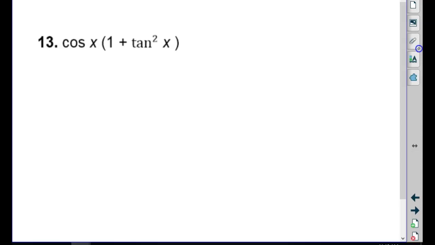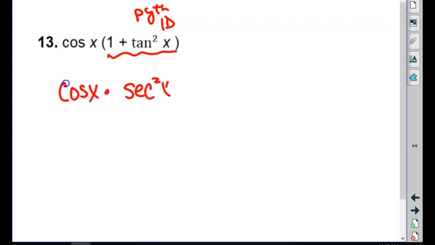Should I leave you to try the last couple, or you got this? What's a 1 plus tangent squared? So it is a cosine of x times a secant squared of x.